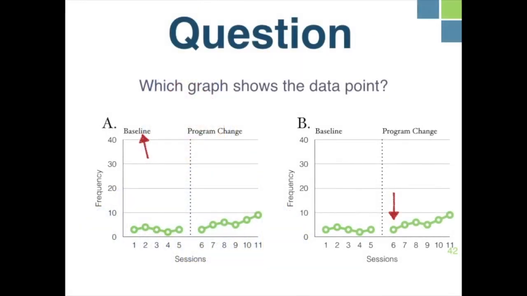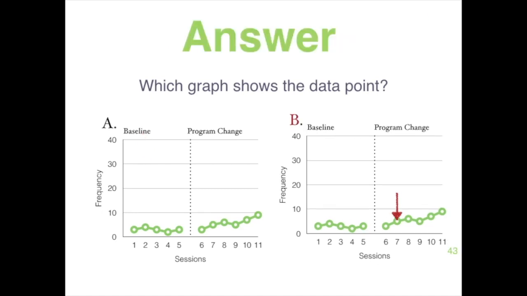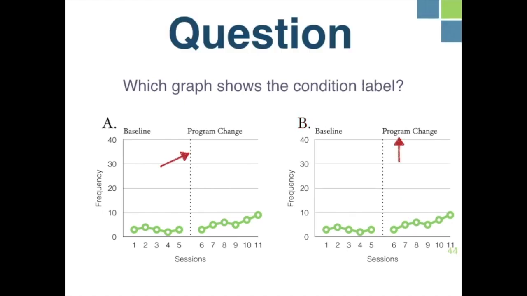Which graph shows the data point? A or B? And the correct response is B. Which graph shows the condition label, A or B?